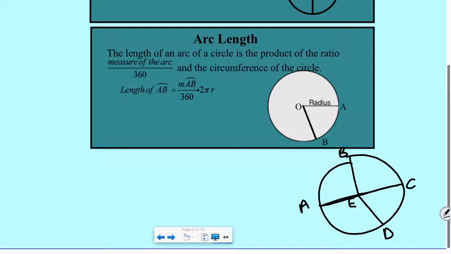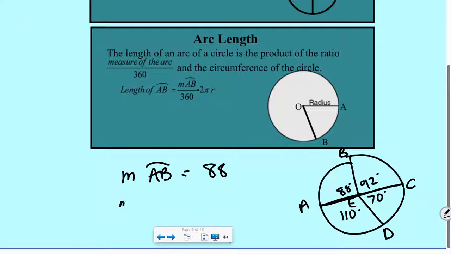Let's say that this guy is 92 degrees and this one is 70 degrees. This is a diameter AC, so what would this angle be? 110. Thanks. How about this guy, AB? 88, right? So if I wanted to know the measure of arc AB, just its measurement, that's the angle measure that corresponds with it. So what would be the measure of arc AB in my little picture? 88.